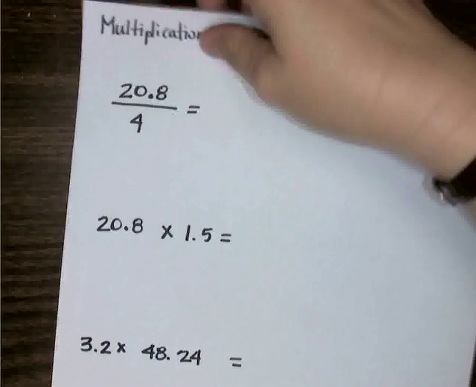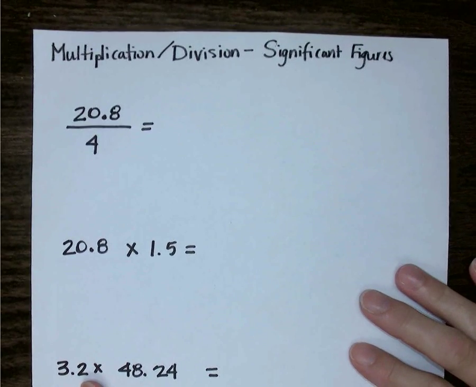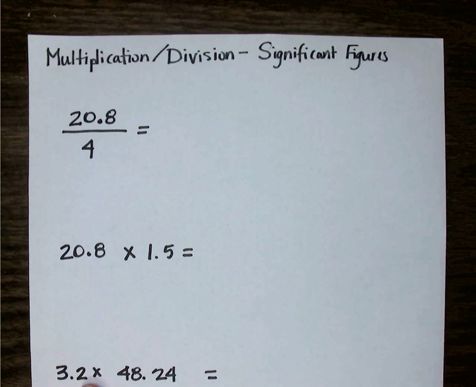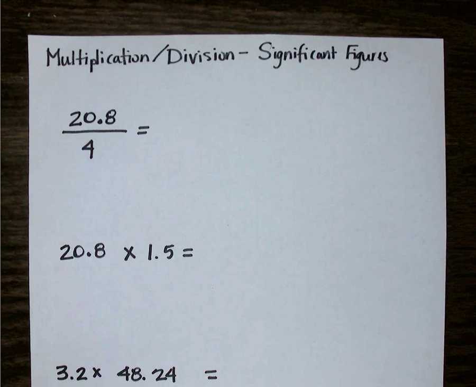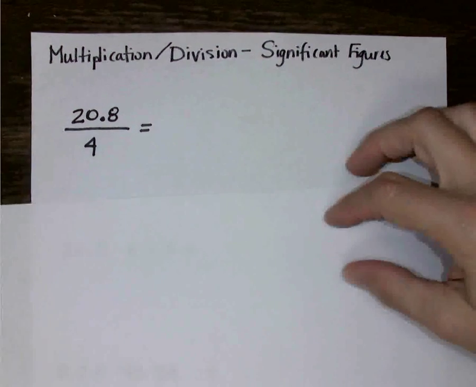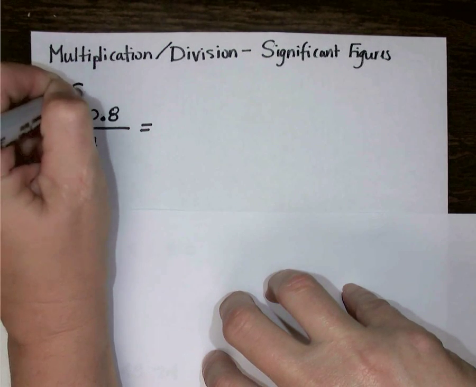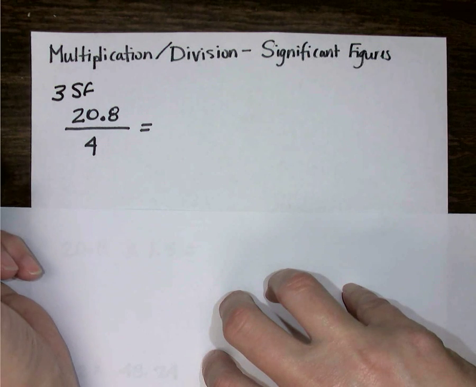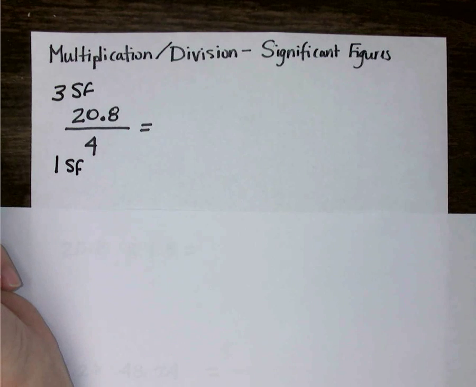There is a different rule for multiplication and division. Now, the answer can still be only as precise as the least precise information, but how that works out in application is a bit different. If we look at these two numbers, 20.8 divided by 4, we see that we have three significant figures in the top number. We have one significant figure in the bottom number.